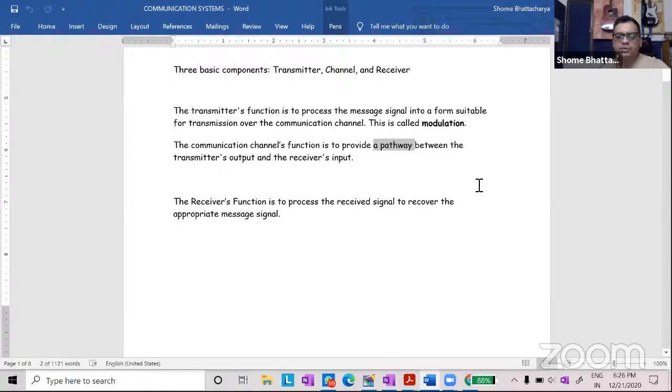A fiber optic cable network is also a transmission channel. It is also a communication channel. For example, you can think of your router as part of the transmitter.